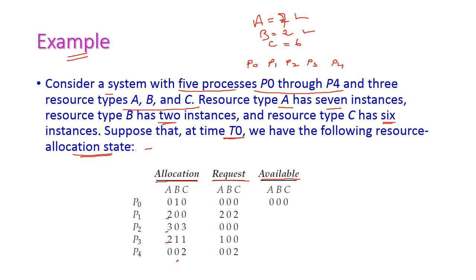For C, there are 6 instances in total. Then what is the available? All the resources are allocated to the processes, hence available equals 0. And this is the requested resources to complete execution, so the further requirement is given here.